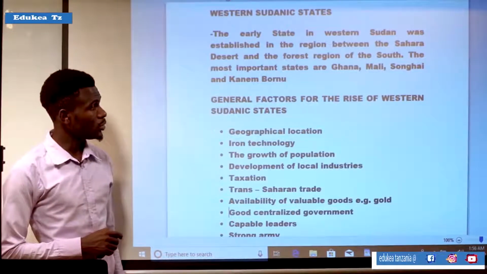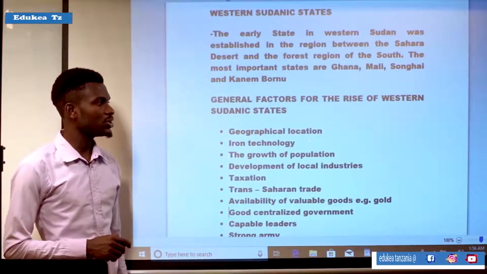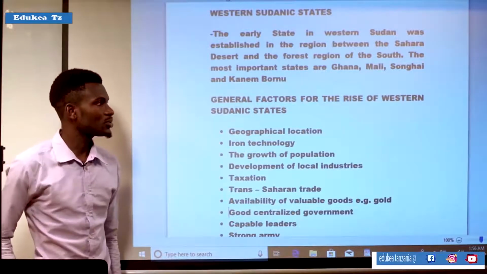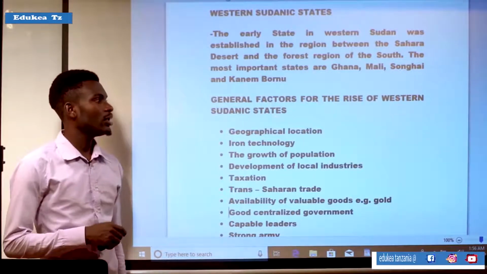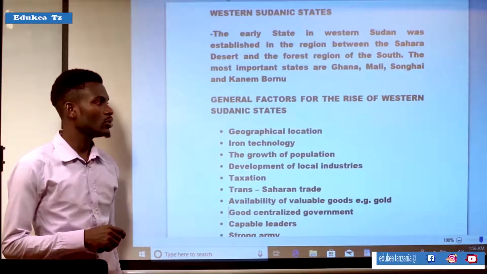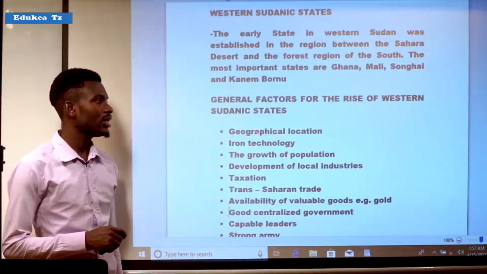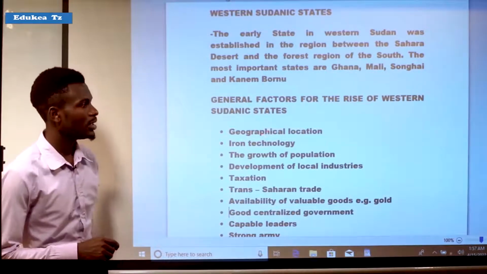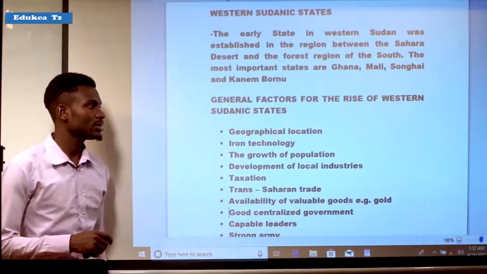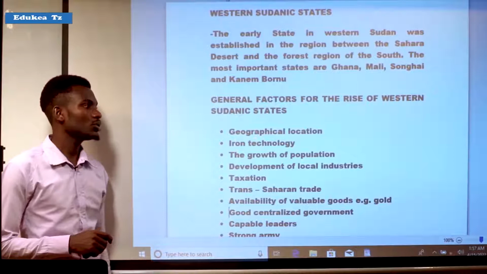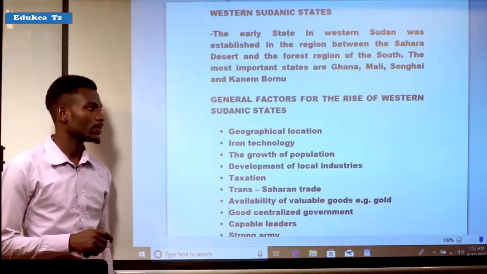The first one was the geographical location of the state. It means that those Western Sudanic states were located in good areas that had different natural resources that enabled them to develop their kingdoms or authority.